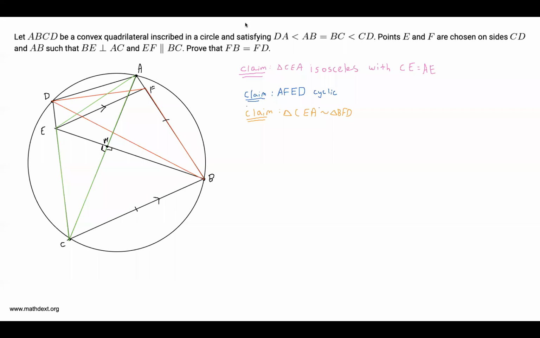Okay, so we're going to start with this pink claim over here. I can call it lemma 1 if I want. And that is that CEA is isosceles. That's not hard to prove because we already know AB is equal to BC, right? And so I have labeled this point over here M, the intersection of BE and AC. And note that BM is perpendicular to AC and also that EM is perpendicular to AC.